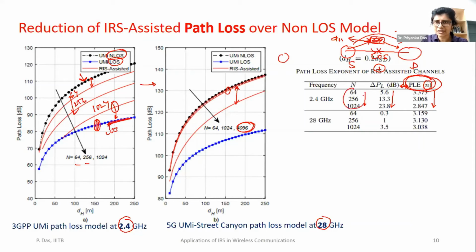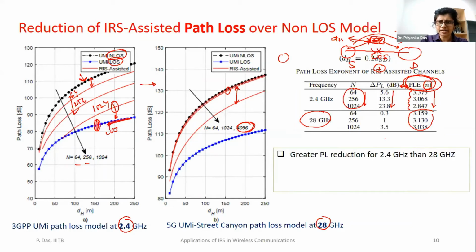When you are increasing your N, it is very clear that this is reducing. So IRS is helping to reduce the path loss exponent, which is a great advantage. At 28 gigahertz, you can see the path loss exponent is reducing, but not to that much extent. It's simply 3.15, 3.13, 3.03.